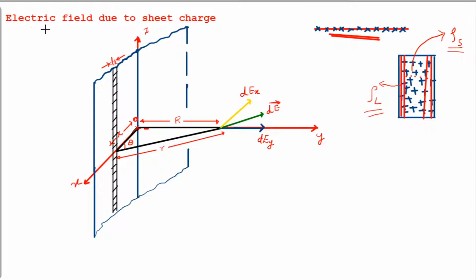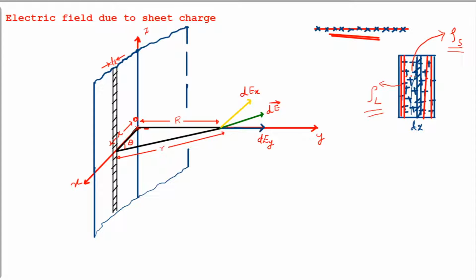In this sheet, if I consider a small portion of line, this portion I am considering, and let this width be dx.